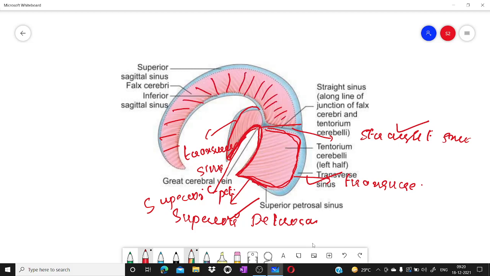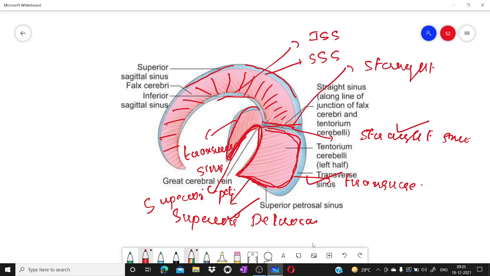So that is sickle shaped, and the sinuses which are related to the falx cerebri, this one is the superior sagittal sinus, and this one is the inferior sagittal sinus, and along the line of attachment to the tentorium cerebelli you can see the straight sinus. So which are the three sinuses related to the falx cerebri? It is the superior sagittal sinus, inferior sagittal sinus, and the straight sinus.